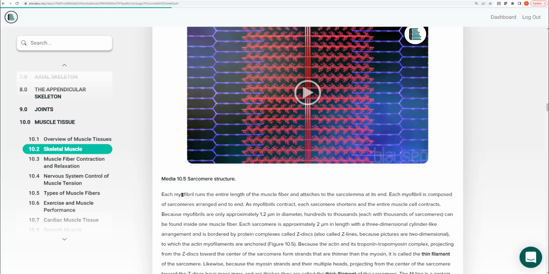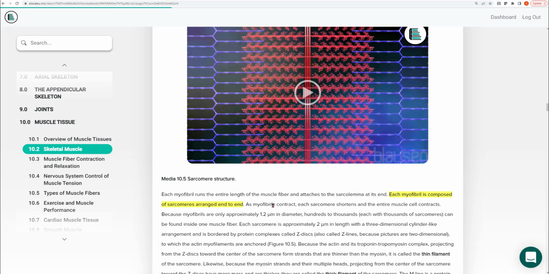A sarcomere is what makes up the myofibrils. So the myofibrils are those organelles running the entire length inside muscle fibers, and each myofibril is composed of sarcomeres arranged end to end.